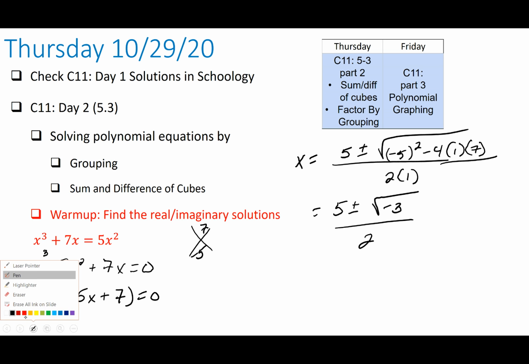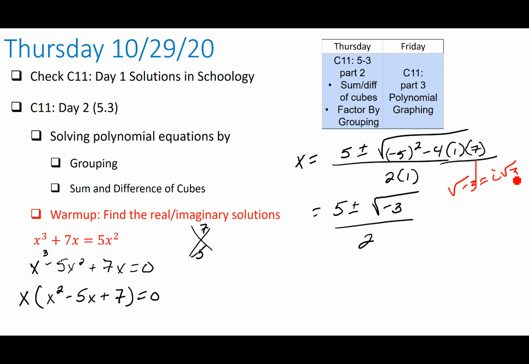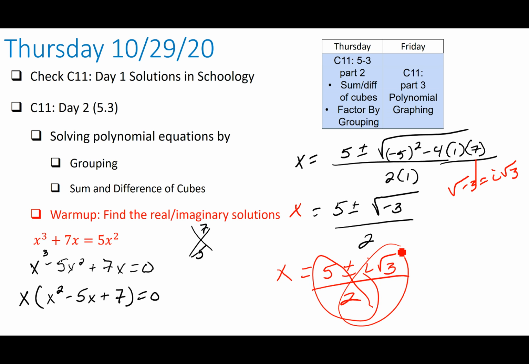Square root of negative 3 we can do with imaginary units. So square root of negative 3 is the same thing as i root 3. So we can write this as 5 plus or minus i root 3 all over 2. Again, this is what x equals. Do our heart surgery on this.